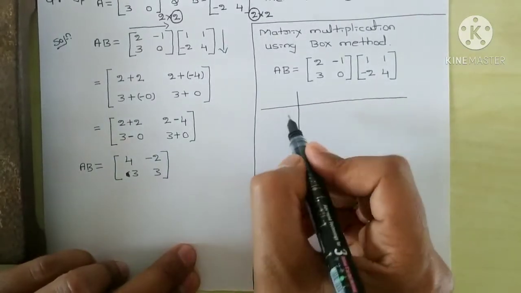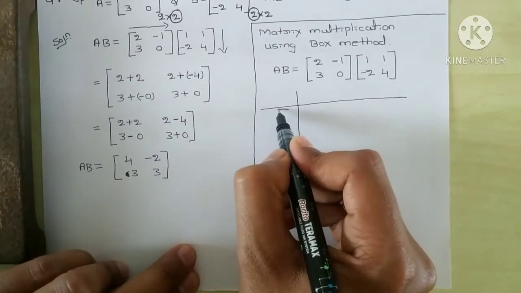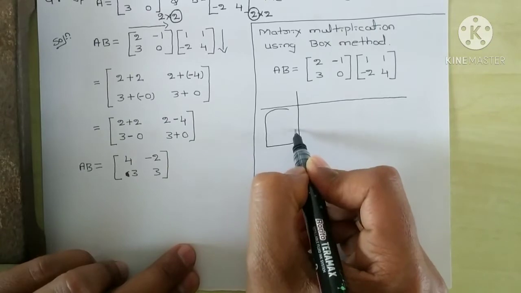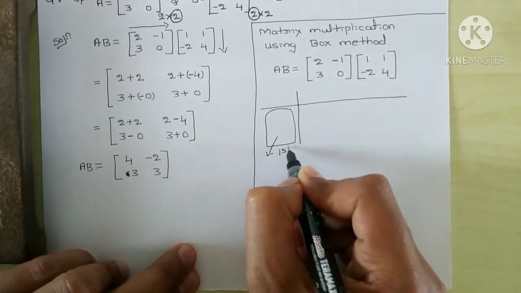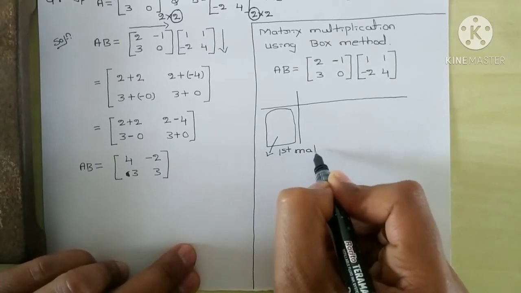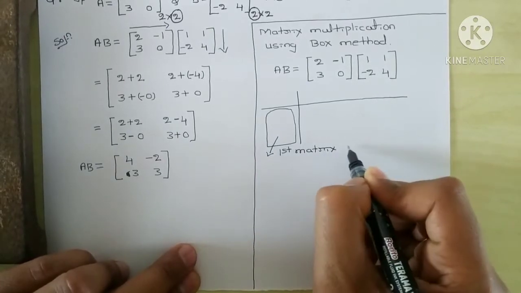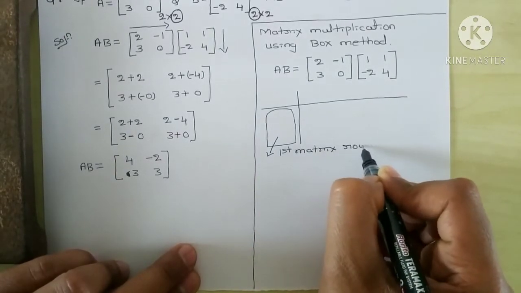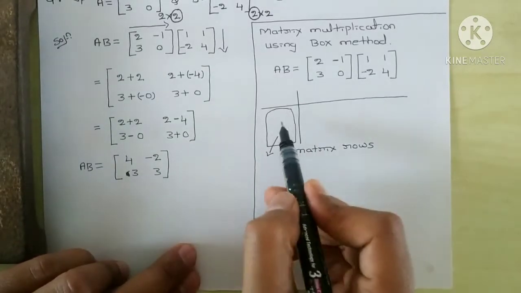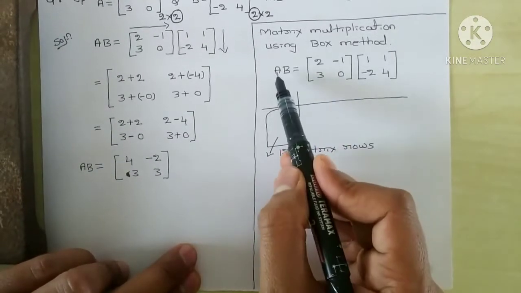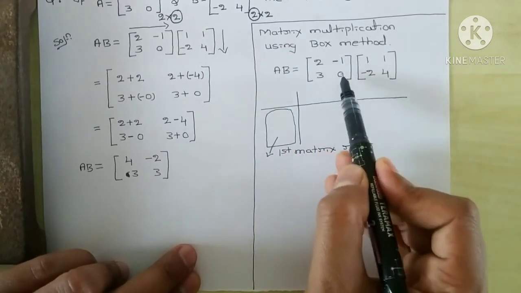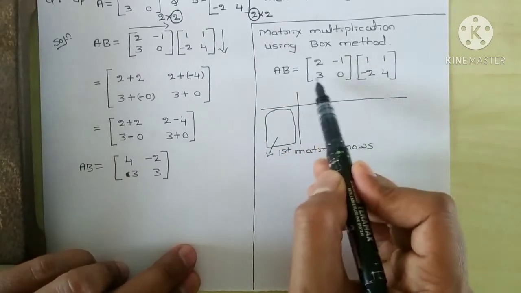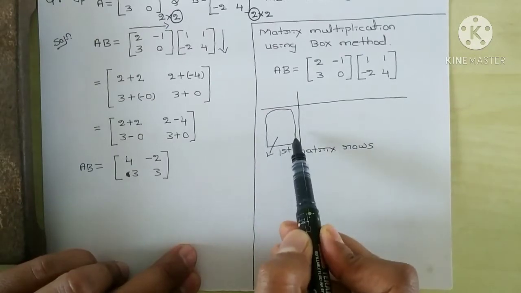Next, in this part, what to do? First matrix rows you have to note down. A is the first matrix. In the first matrix, how many rows are there? 2 rows are there. Both the rows you need to note down here.